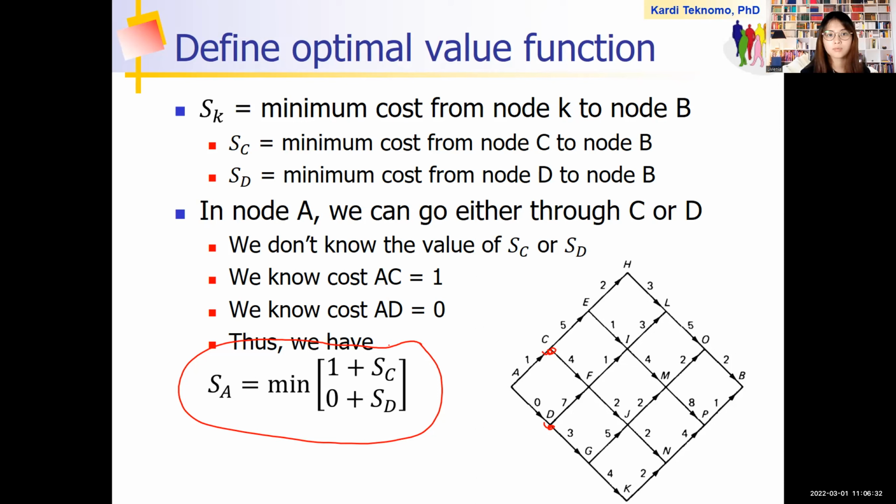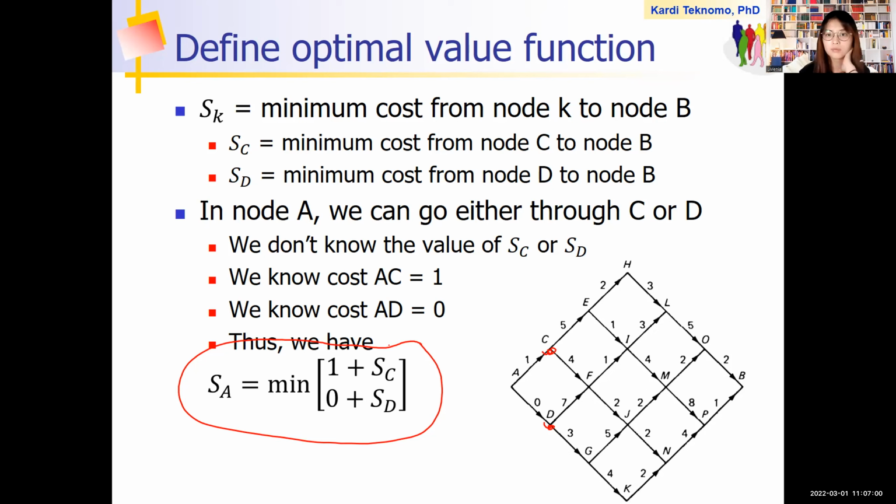The minimum cost that is already optimal from C to the goal node. SD is the minimum cost from D to the goal node, B. I don't know that value, but I know this is already optimal. So then I need to know from A to the goal node. This is my goal. I want to know from A to B.